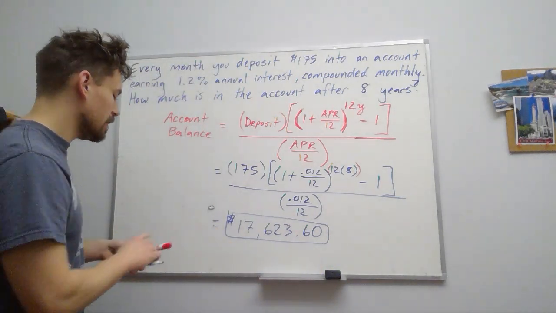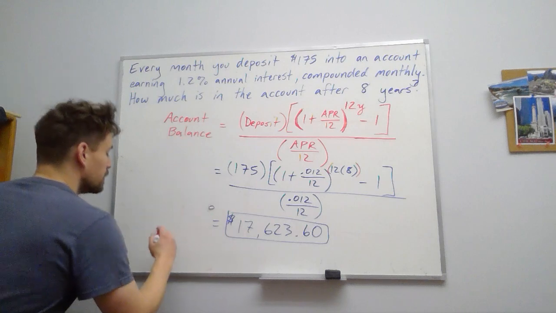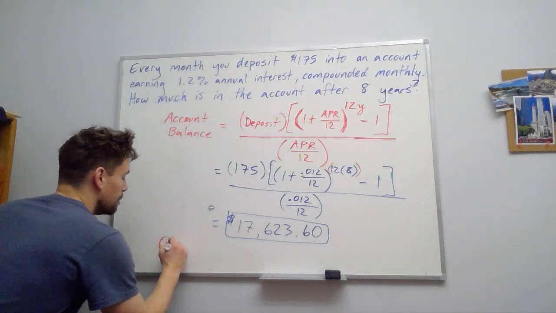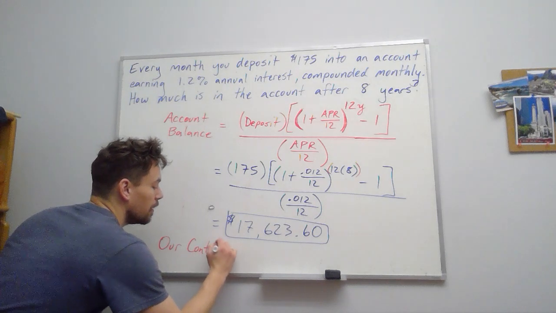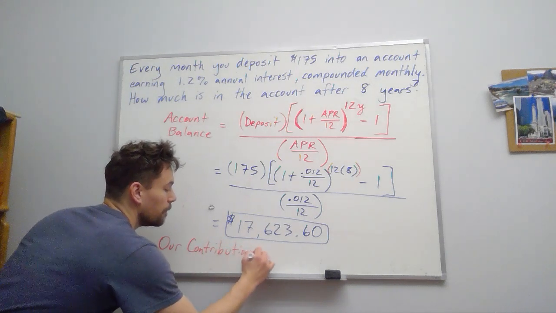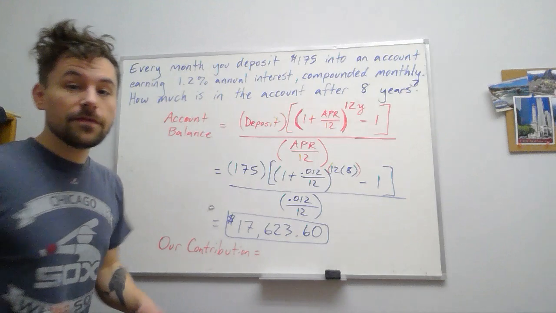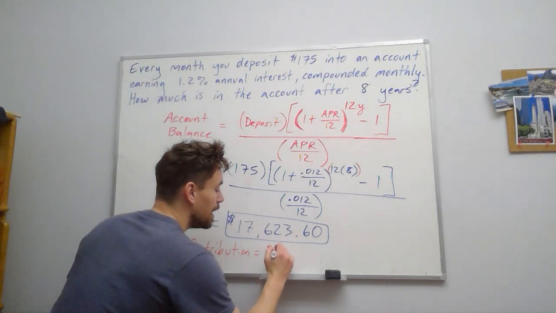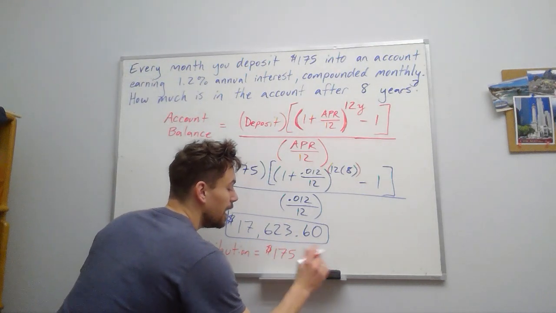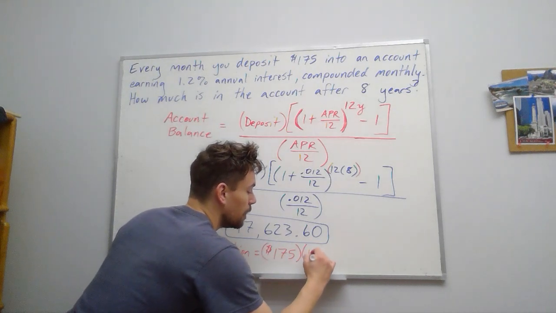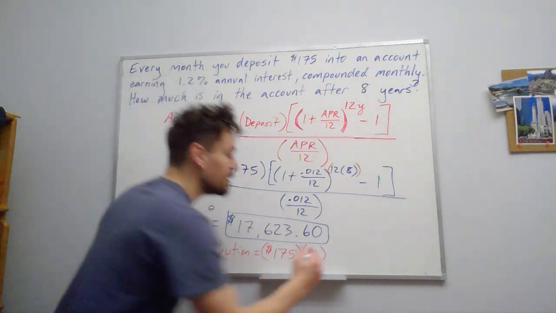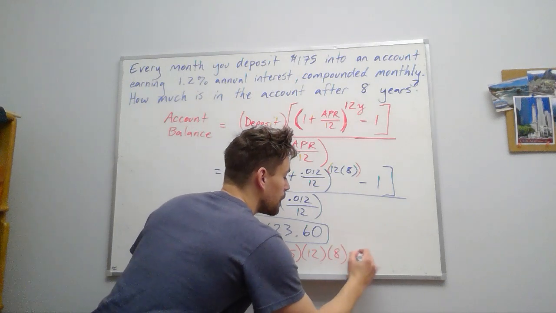Well, we made a $175 payment or deposit every month, so we can say times 12 over the course of 8 years, so times 8.